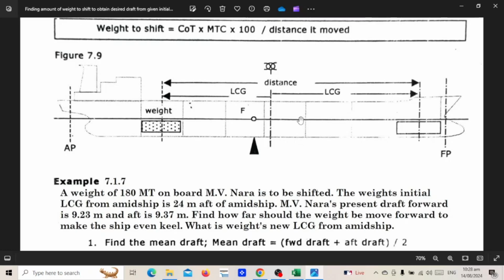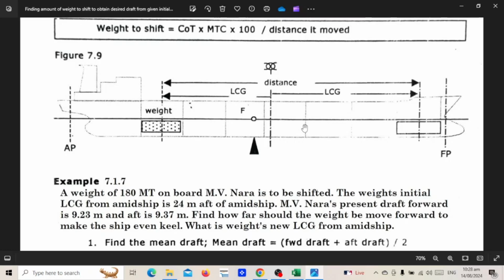And what is the disposition? What will be the LCG? The LCG will be negative 4 meters. Why negative? Because from this point, the center of the weight, you have 28 meters going up to this point.